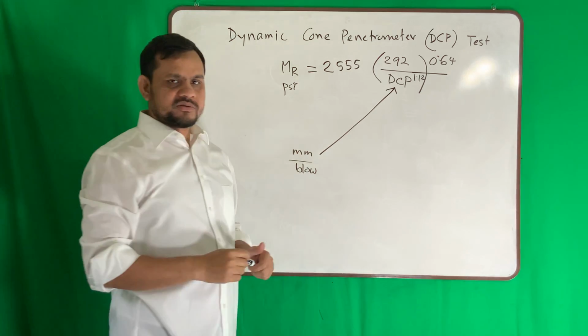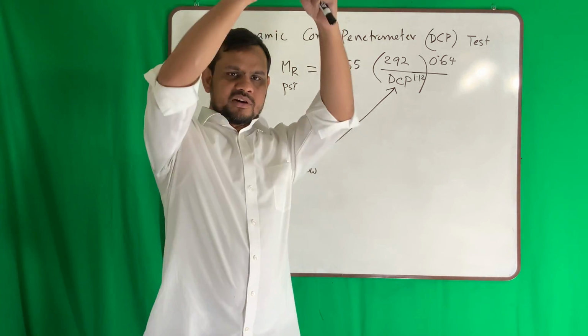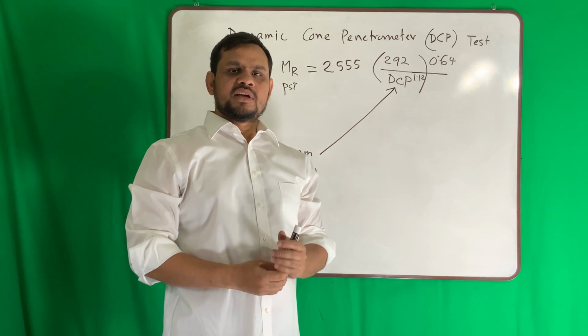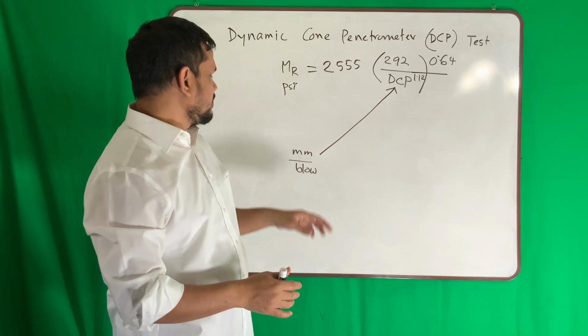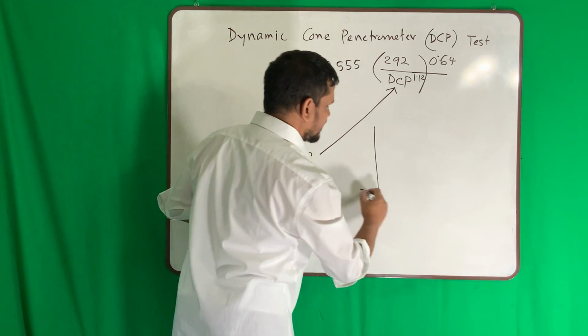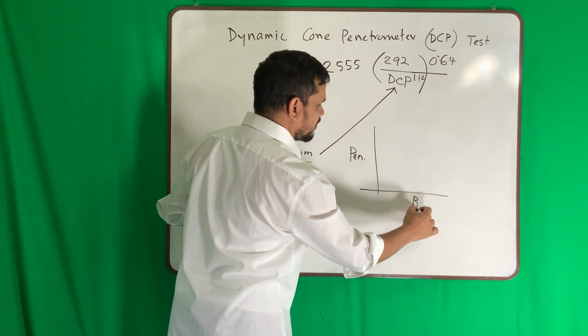So hopefully you understood. Yes, we place a cone on the ground, raise a hammer, drop it on it, and we measure the penetration with each blow. Take an average value. If I draw the curve, say this is penetration and this is my blow.